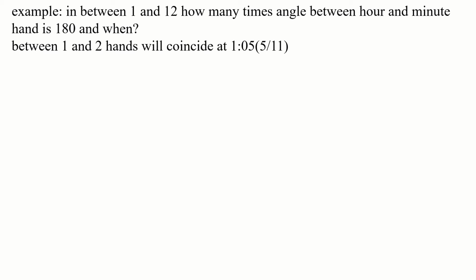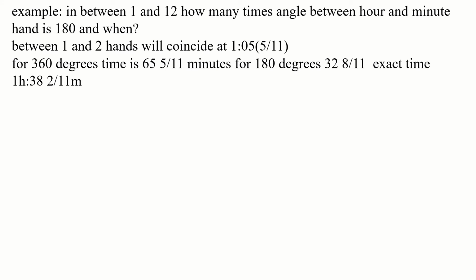So for 180 degrees, how much time does it take? Just by 2. So 65 5 by 11 by 2 gives rise to 32 8 by 11. So if we add this time to this, we will get 180 degrees. So this is the time where 180 degrees angle will form.